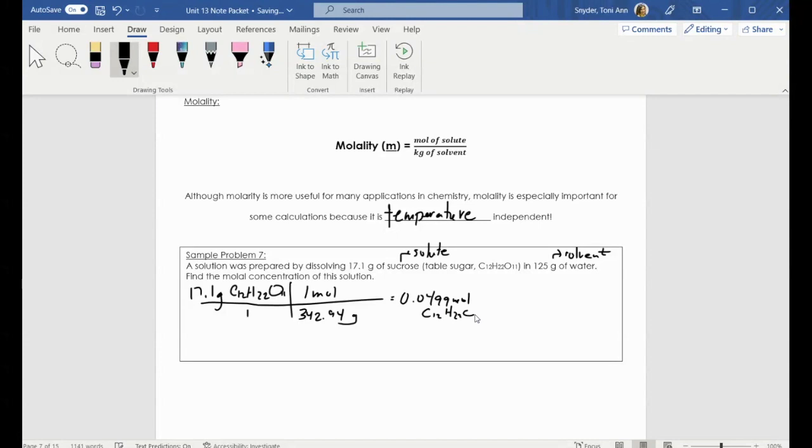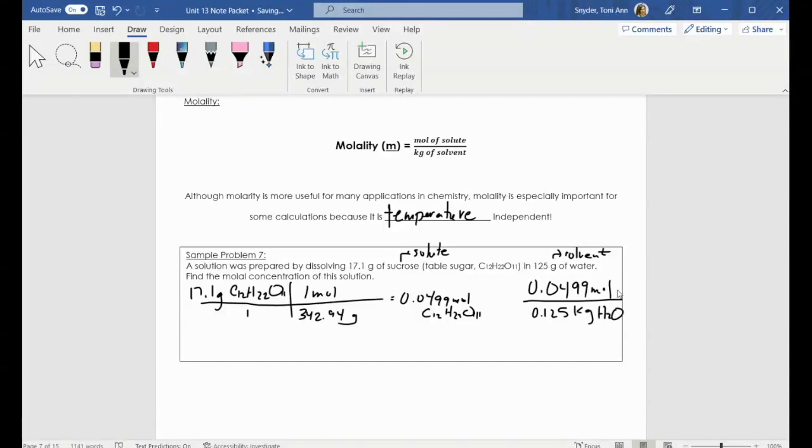So now that I have that and I have the mass of my water, my solvent, all I have to do is just divide. So 0.0499 moles of sucrose divided by, just be careful because the unit is in kilograms. So a lot of times you will have to do a very quick moving of the decimal.